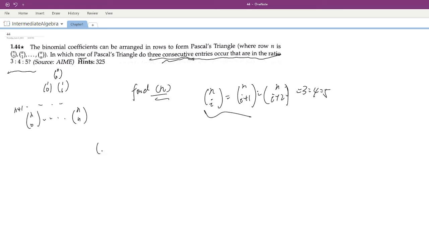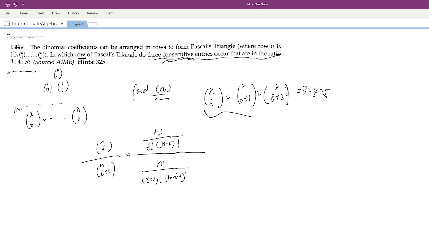Okay, so n pick i over n pick i plus 1 is equal to n factorial over i factorial, n minus i factorial, over n factorial over i plus 1 factorial, n minus i minus 1 factorial, which is equal to i plus 1 over n minus i, equal to 3 over 4.